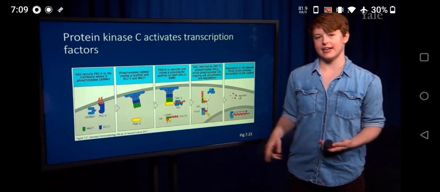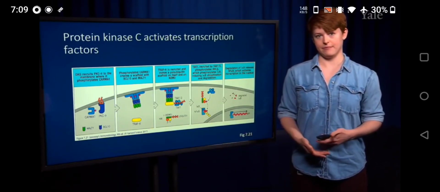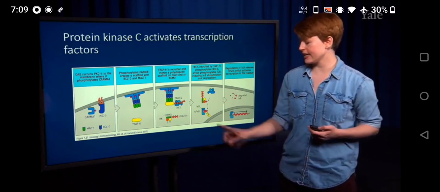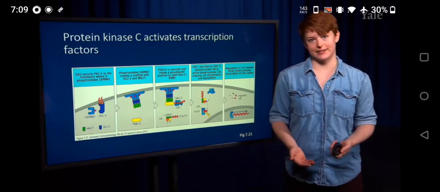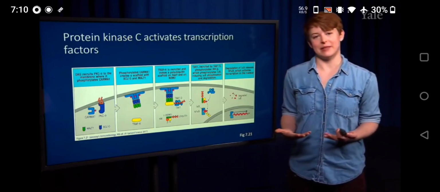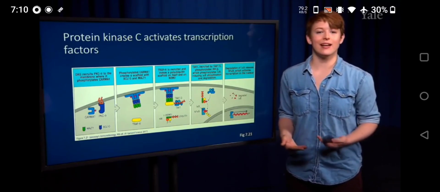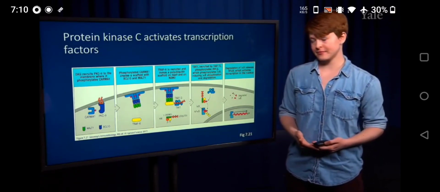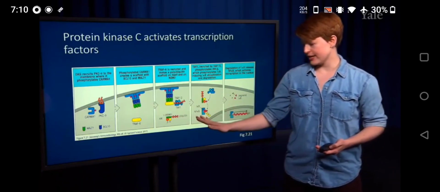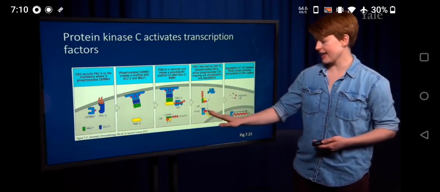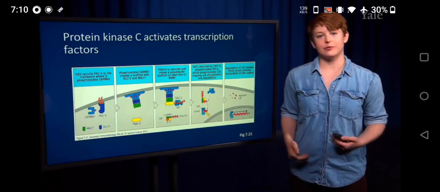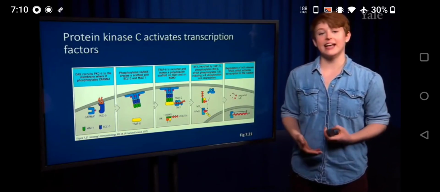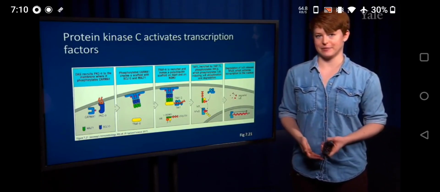NF-kappa B is bound to I-kappa B, and I-kappa B, similar to NFAT, keeps NF-kappa B outside the nucleus. So it's just floating around the cytoplasm in an inactivated form, unable to influence gene expression in the cell. When we have this downstream signaling cascade, I-kappa B is removed, and this allows NF-kappa B to enter the nucleus and cause transcription.